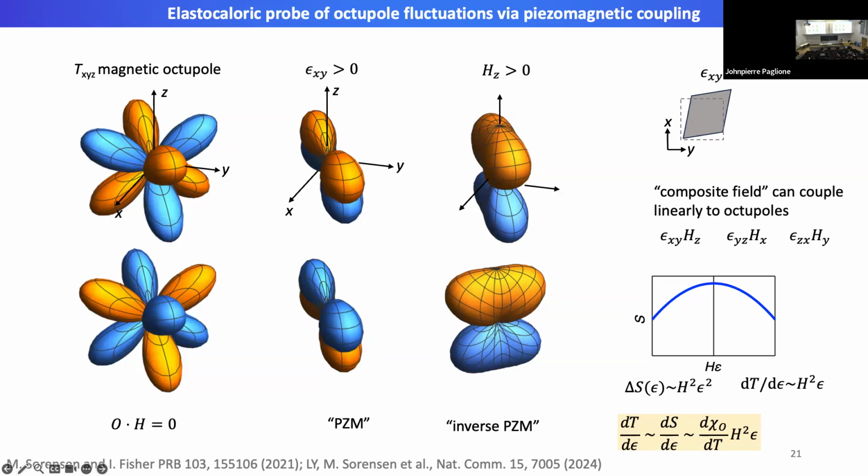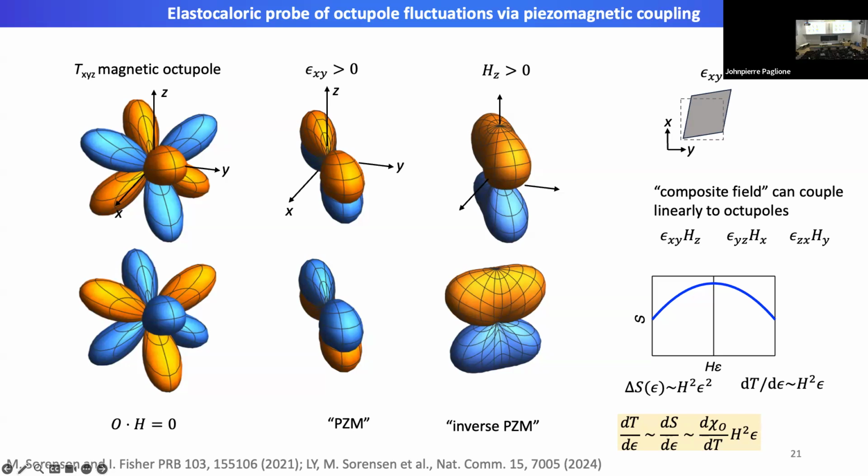So the third column here is illustrating the piezomagnetic coupling for the octopolar degrees of freedom in the reverse order, where you apply the magnetic field first, and this would induce deformation in the shear strain.